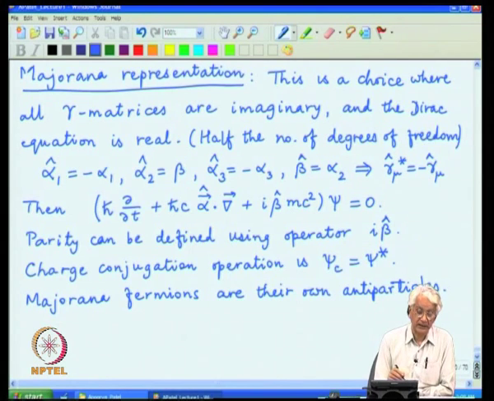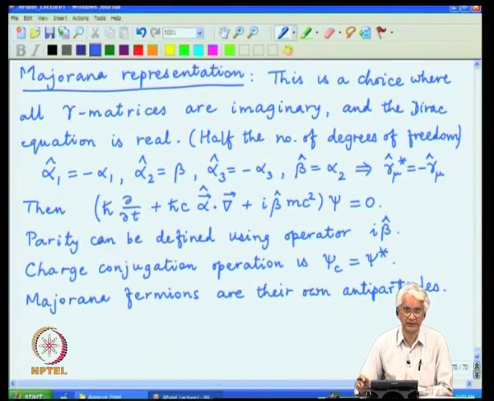So, the structure now is quite obvious, what happened in the Weyl basis and what happened in the Majorana basis. In case of Weyl basis, you reduce the 4 components to 2 components by separating the 2 different values of the helicity or the spin degree of freedom.